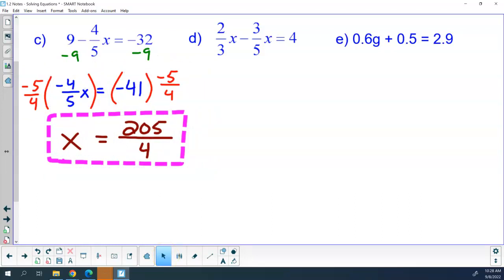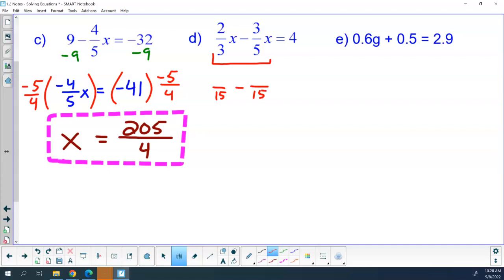In letter D here, because you've got two x's on one side, you first have to combine them. Both are in fractional form, so we have to have what's called a common denominator in order to combine them. And that common denominator is 15.